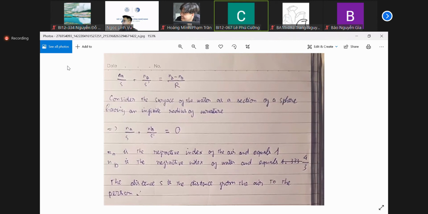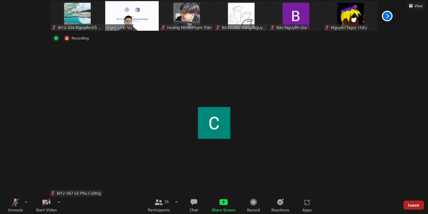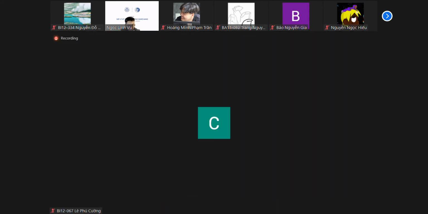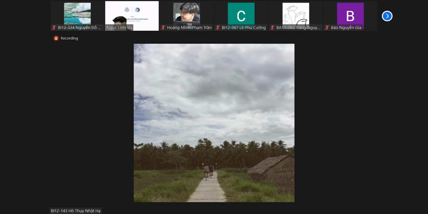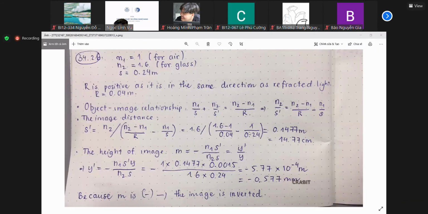For exercise 7, Miss Hồ Thị Nhật Hạ. Let me share my screen. Can you see it? Yep. Okay. In this exercise, we have two different mediums.